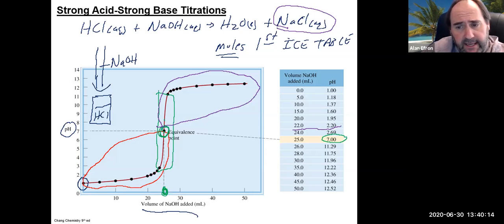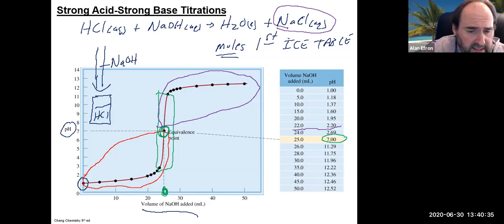And that's because before the equivalence point, the moles of the strong base you're adding is going to be the limiting reagent, which means it will get used up. After that ice table in moles, you do need to convert it to molarity afterwards, and you'll have the molarity now of your strong acid.